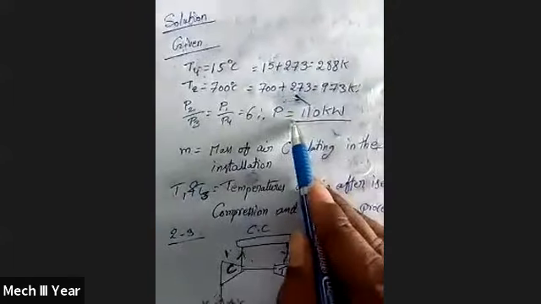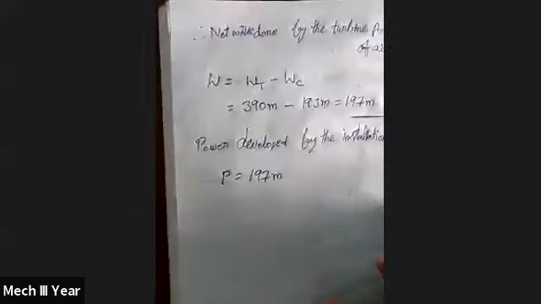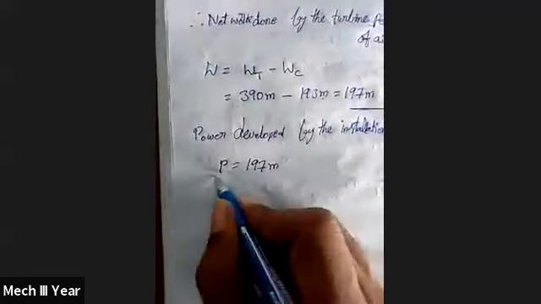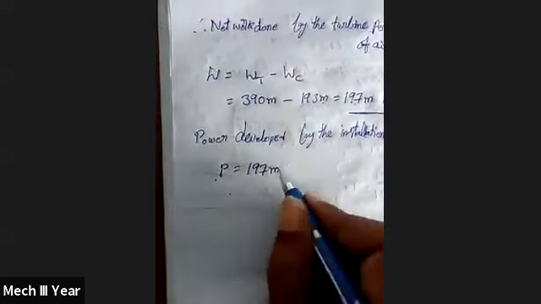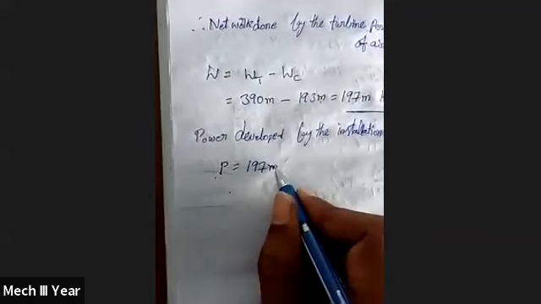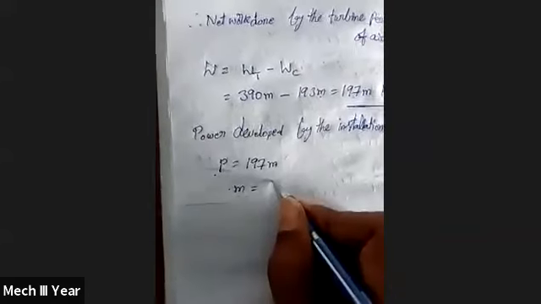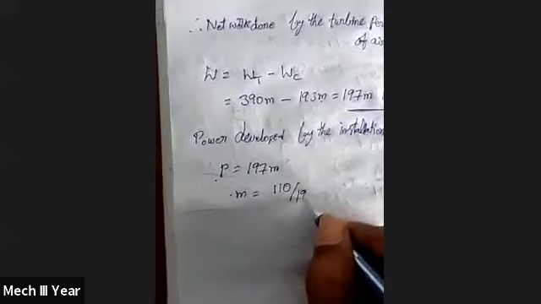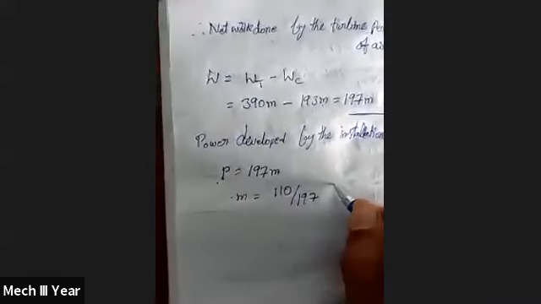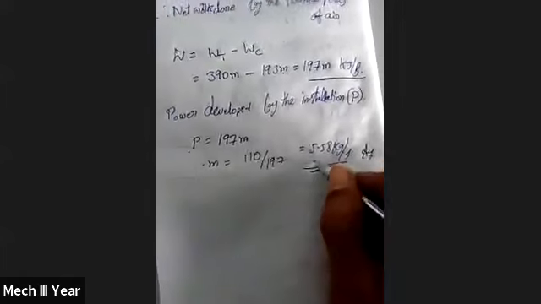P is given here as 110. Now we can substitute. Here I need M. Simply I can write M is equal to 110 divided by 197. Now calculate this. Approximately we'll get this in kg per second, the M value, the mass.